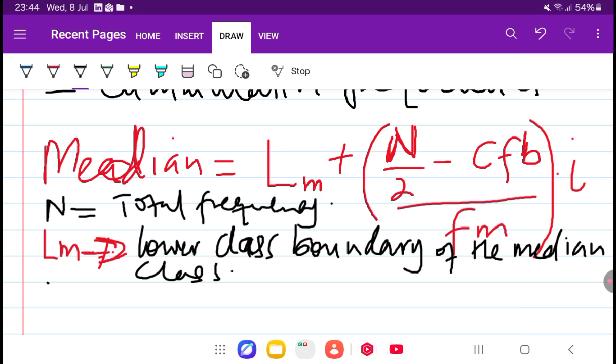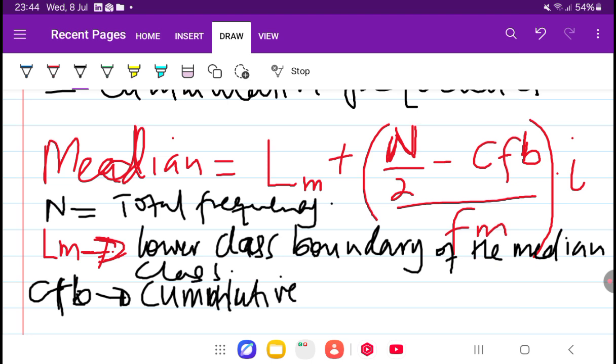Then CFB, that is cumulative frequency before.